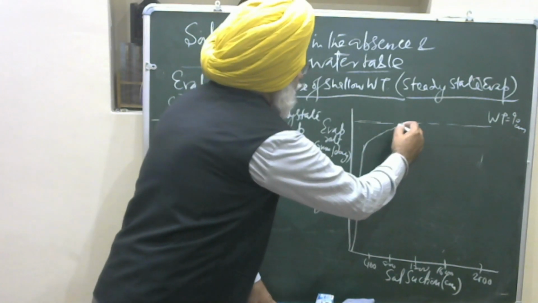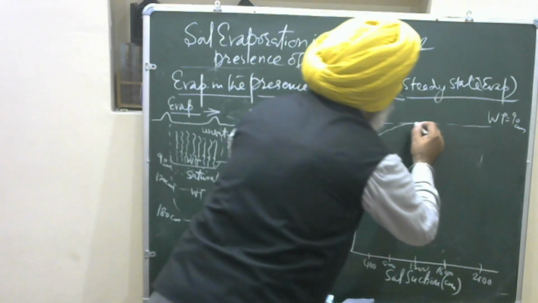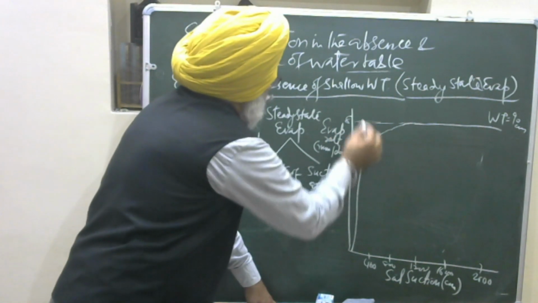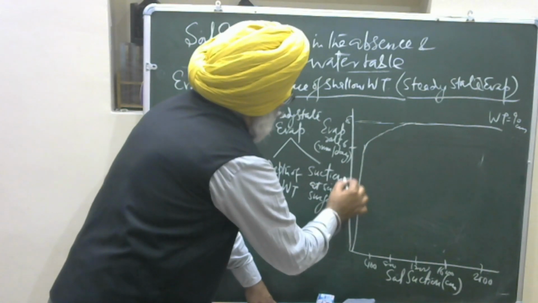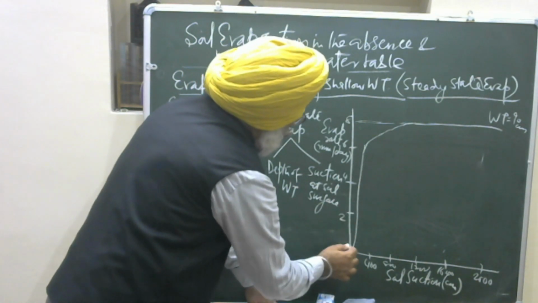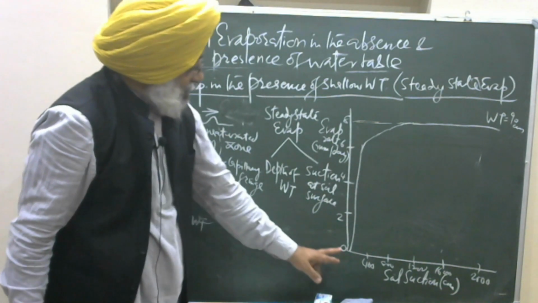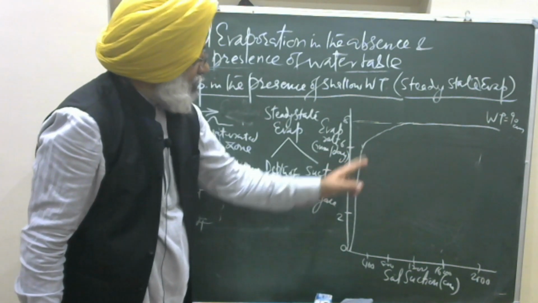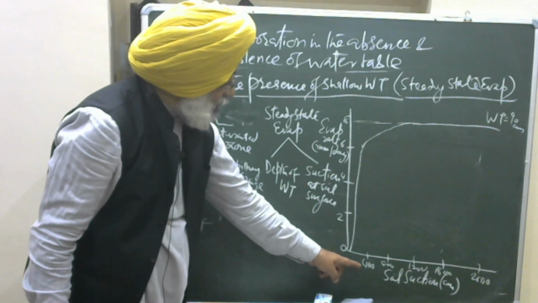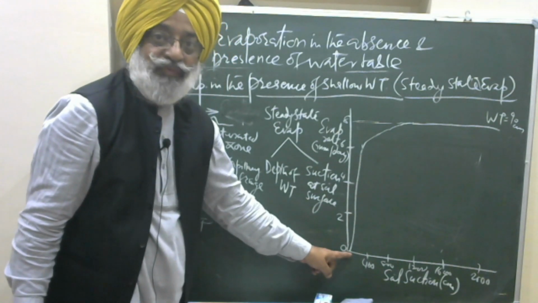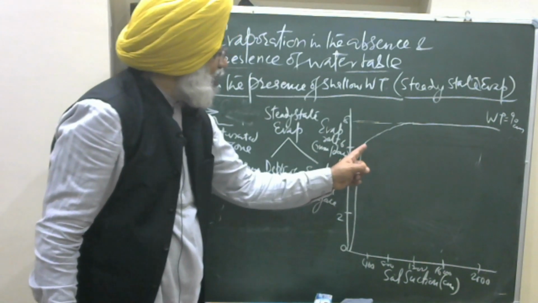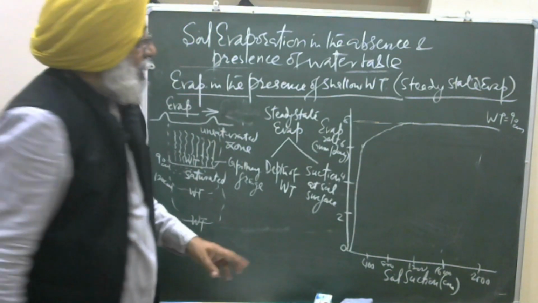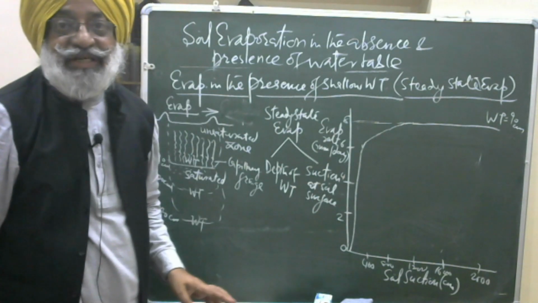So the evaporation rate may be increased like this, then it will become steady. So if it is over here 8, then 6, then 4, then 2, then 0 over here. So you can see that at a particular suction level, say it is 6. If you increase the suction from a very low value to 400 centimeters, there is very small increase in the evaporation rate when your water table is at 90 centimeter.